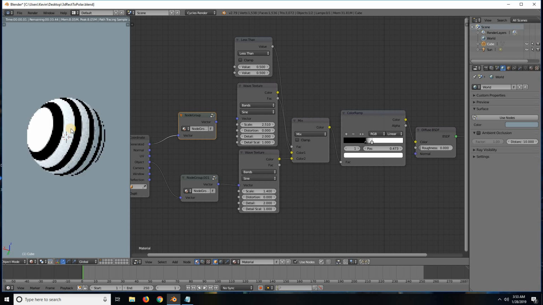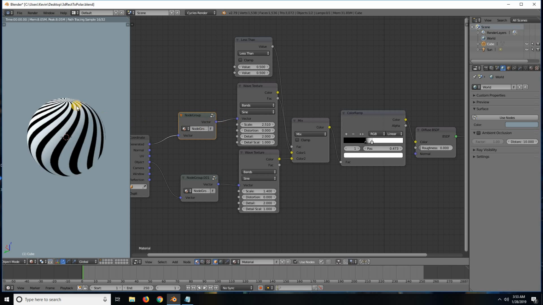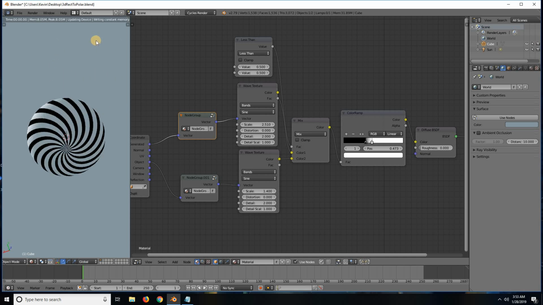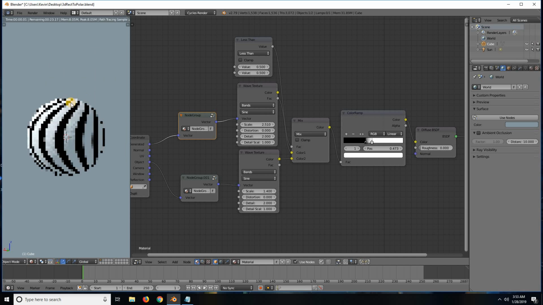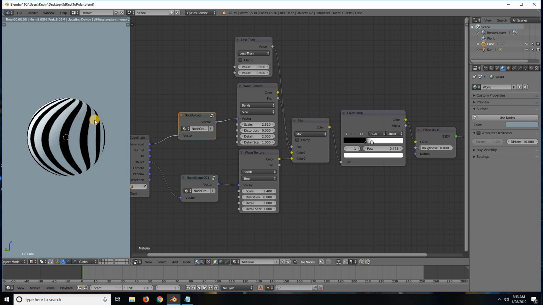And it's giving the object two poles, a north pole and a south pole, that all of the points for the texture or whatnot are based off of. So as you can see, we have our north pole and our south pole, and the texture is literally stretching between the two poles.